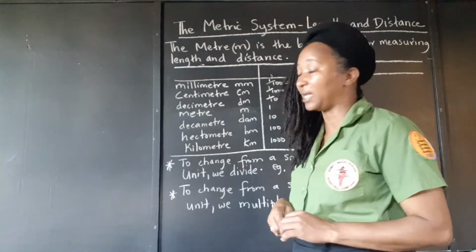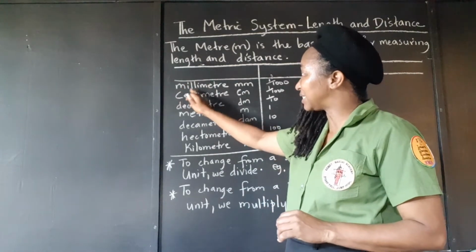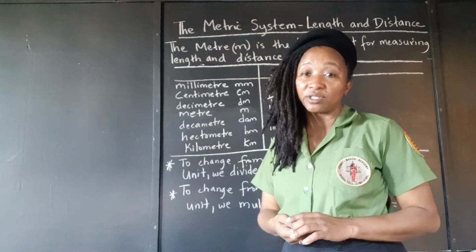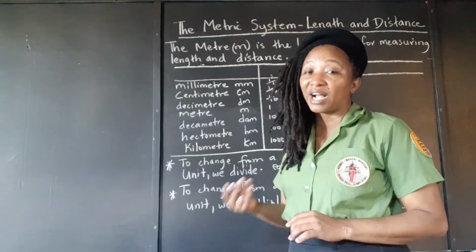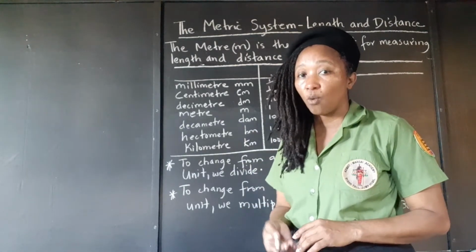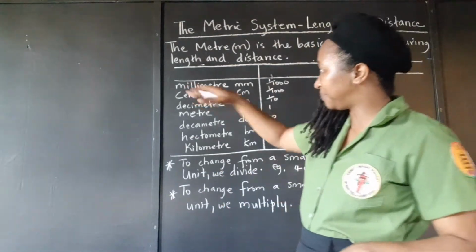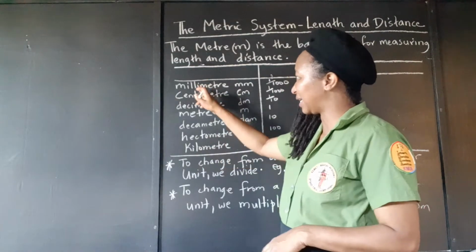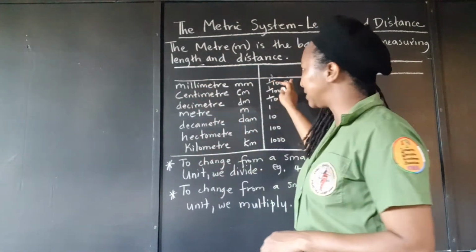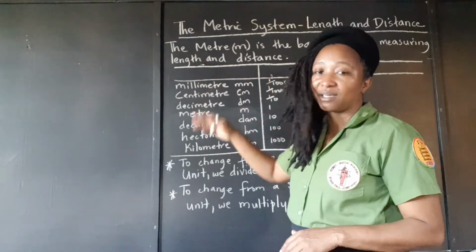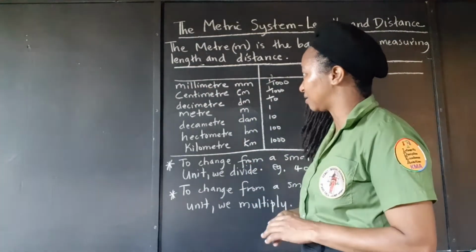Meter as a base for length. We can use the prefixes that come in front of the meter to help us to remember what fraction of the meter or what power of the meter, right? So milli indicates 1/1,000. So a millimeter is 1/1,000 of a meter.